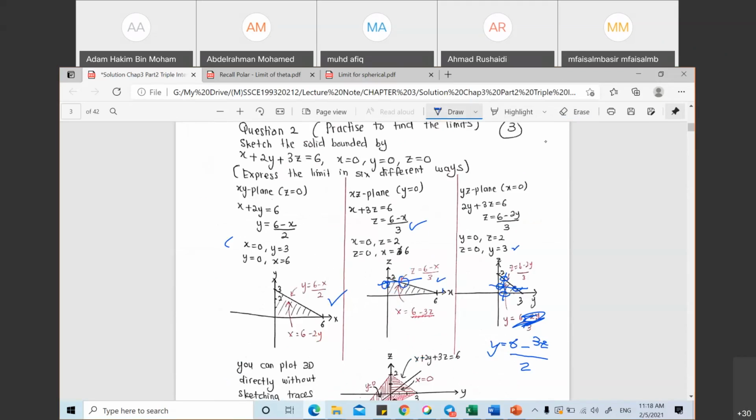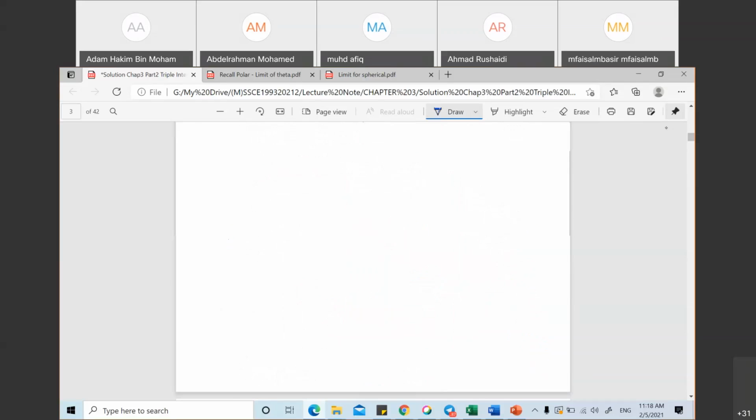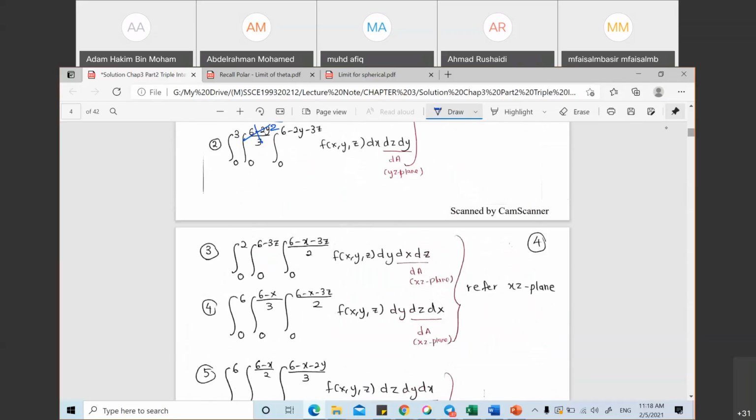From here to here, z is 0 to 6 minus x over 3, your z is 0 to 2. Your x is 6 minus 3z, 0 to 2.